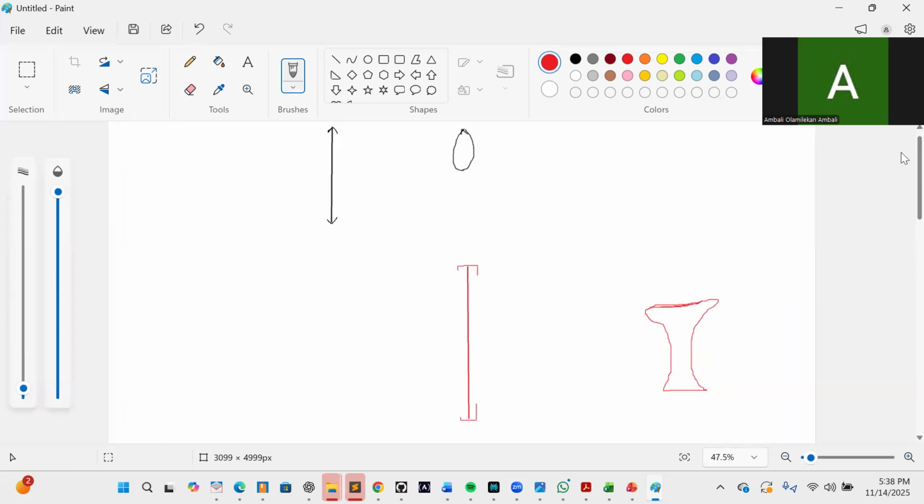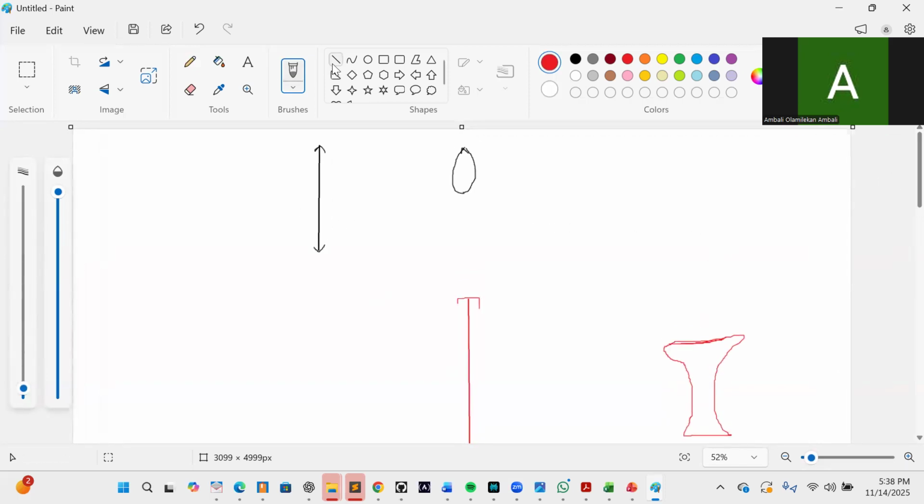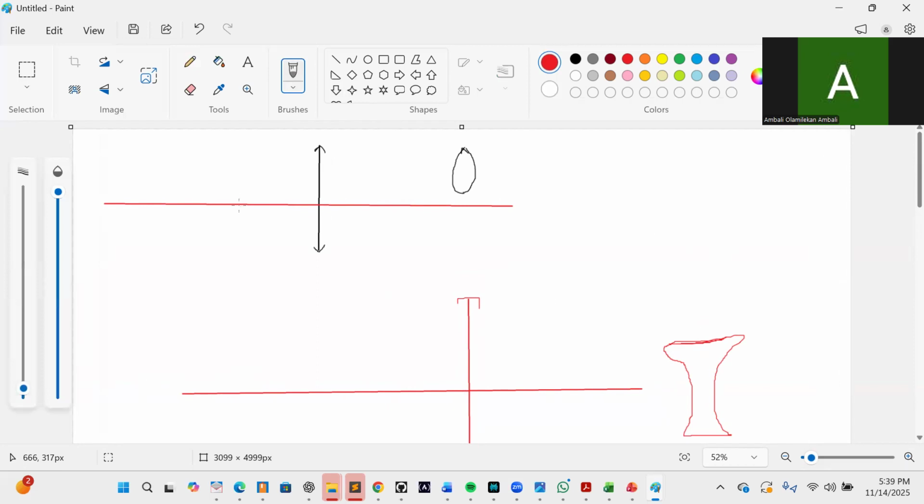The line that cuts across the center of the lens is the principal axis. The center of the concave lens, the principal axis.